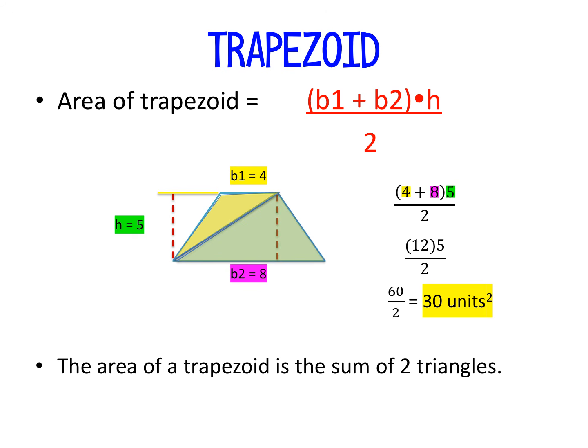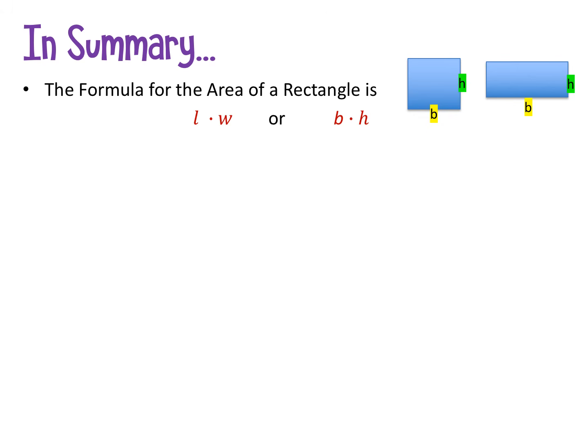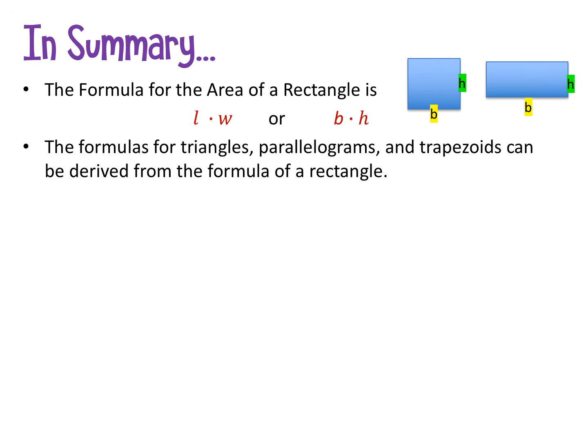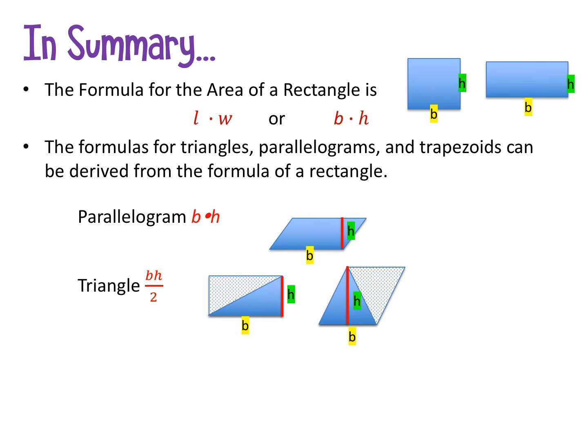The area of a trapezoid is always going to be the sum of the two triangles created by the two different base values. In summary, the formula for the area of a rectangle is length times width, or base times height. The formulas for triangles, parallelograms, and trapezoids can be derived from the formula of a rectangle. A parallelogram looks like a rectangle tipped over. We use base times height, where the height is perpendicular to the base.